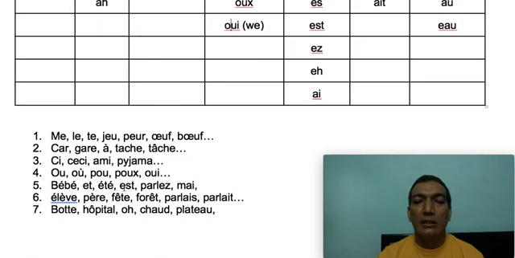Then parler, as I said, ER is also at the end of the word pronounced as A. Parler means to talk or to speak. And mai, which is the fifth month, the month May.